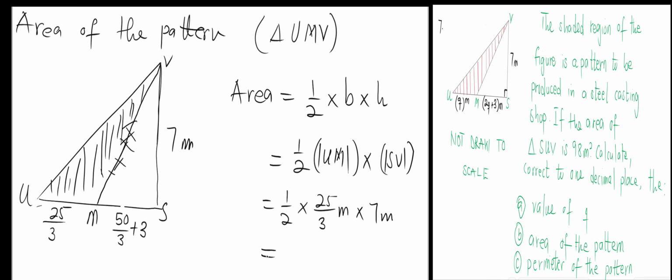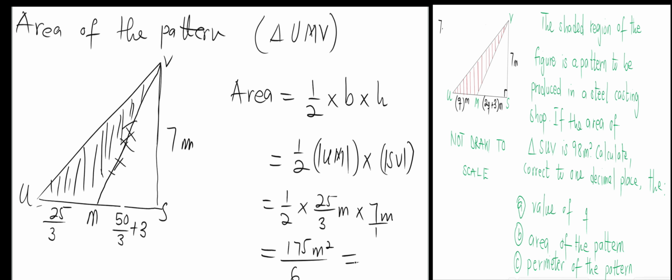So we have 25 times 7, which gives 175 meters squared divided by 2 times 3 times 1, which will give us 6. So when you divide, the area becomes 29.16.